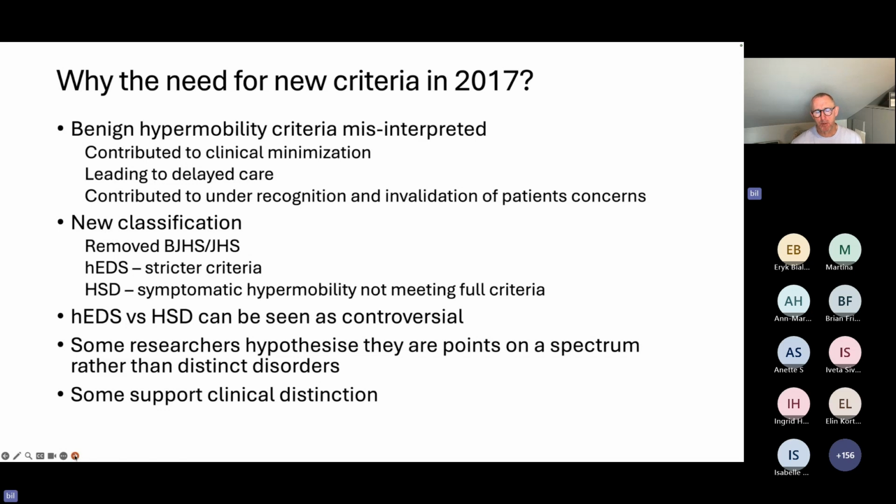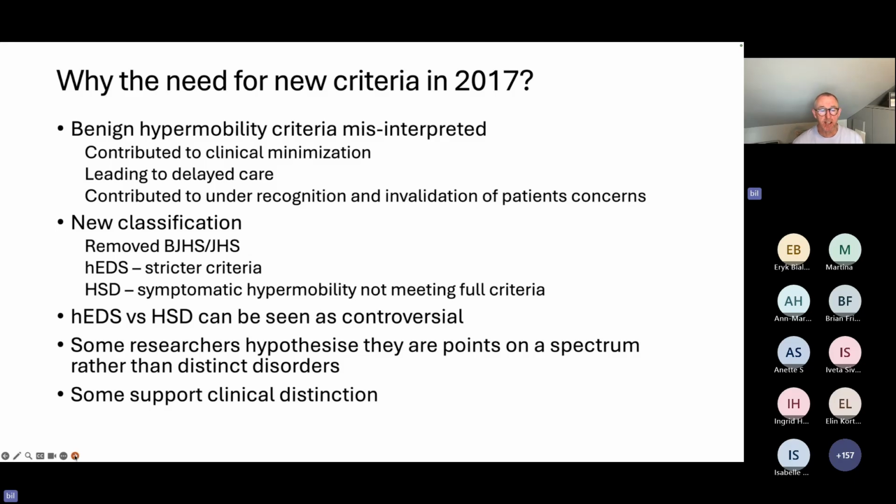And it can often contribute in the past to under-recognition and invalidation of patients' concerns, really. So the new classification is suggesting that we remove benign joint hypermobility syndrome and joint hypermobility syndrome. We've got HEDS with stricter criteria, and we have HSD with symptomatic hypermobility but not meeting the full criteria.